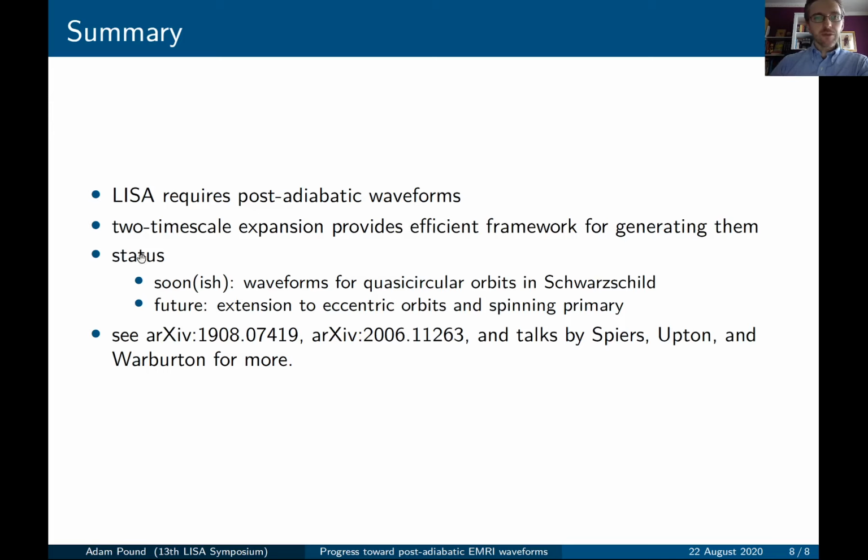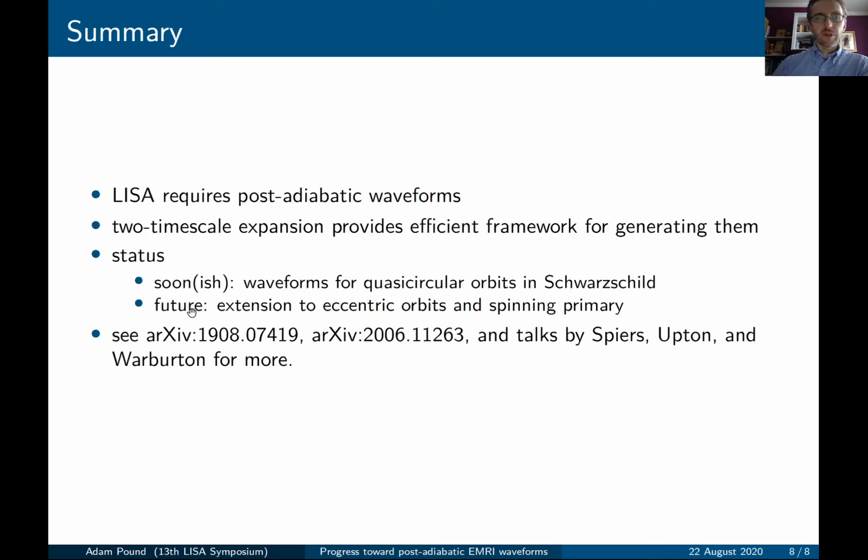The status now of implementing these two-timescale methods is that soon-ish, within the next few months hopefully, we will have post-adiabatic waveforms for quasicircular orbits around a Schwarzschild black hole.